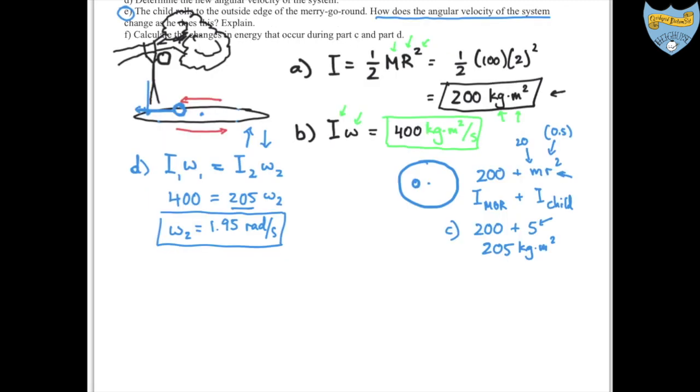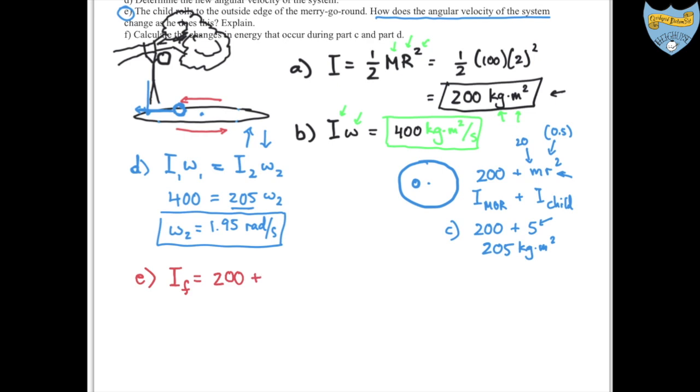Now, it doesn't explicitly say to do this, but I'm going to do it because I think it's important. You need to be able to talk about what the final angular velocity is as the kid rolls off the edge. So as the kid rolls off the edge, the final moment of inertia is, well, we still have a merry-go-round, 200.